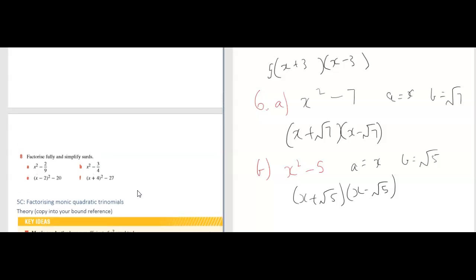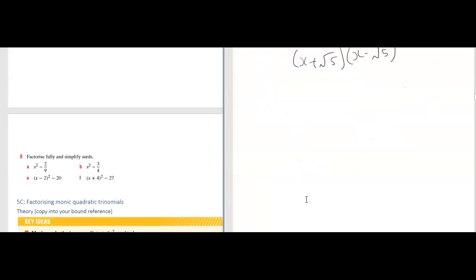Moving on to the last question, question 8. Okay, so we've got x squared minus 2 on 9. All right, so we can identify our A and our B. Okay, so A is the square root of x squared, which is just x, and B is the square root of 2 on 9.